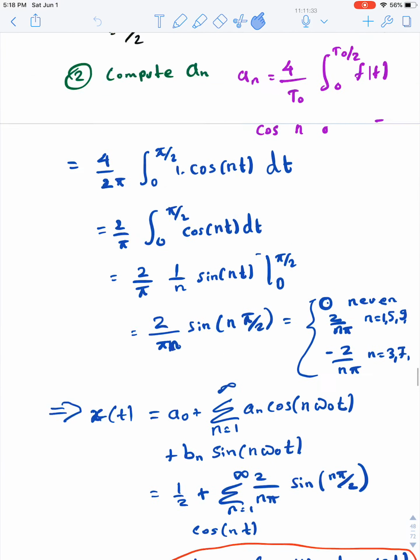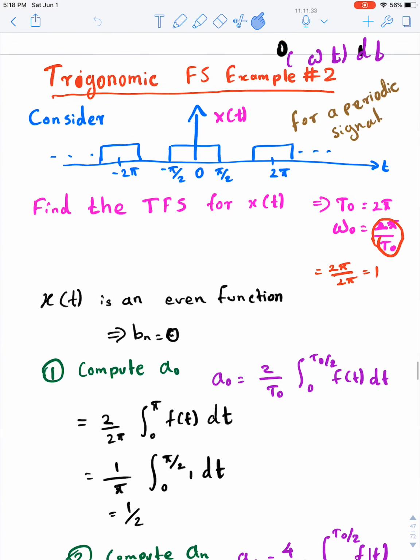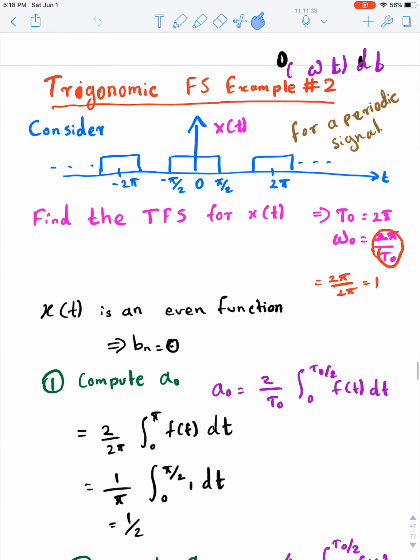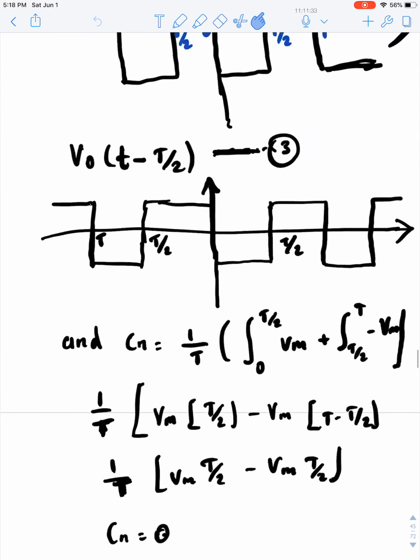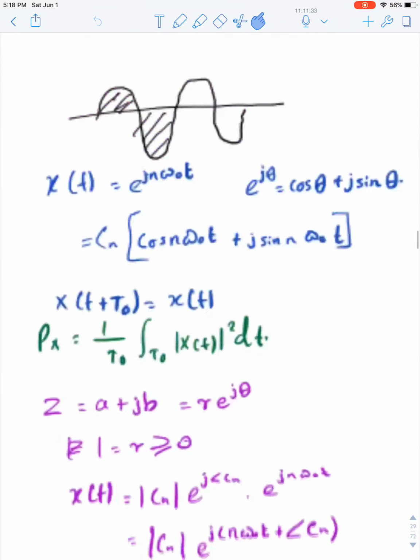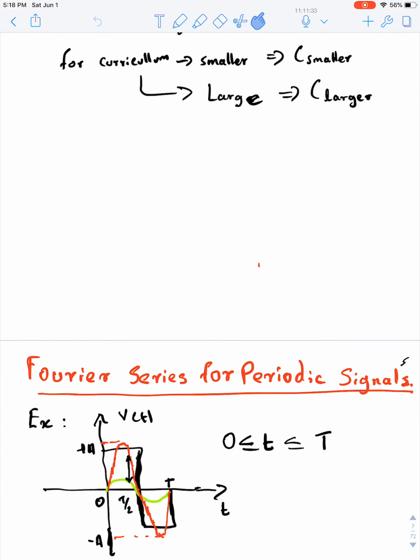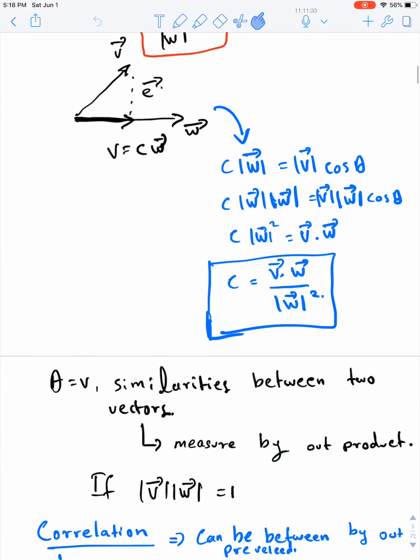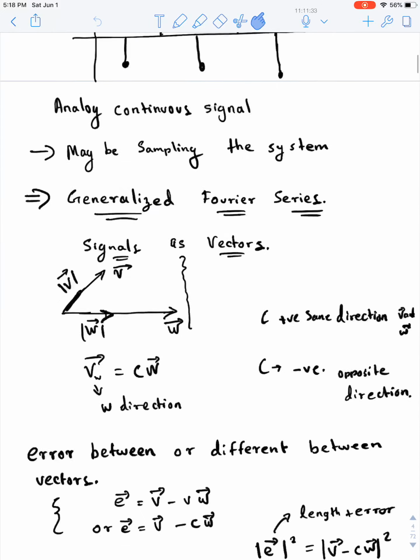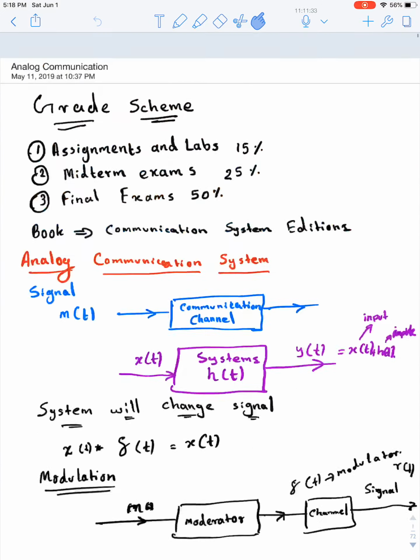We just picked the pattern. Okay, trigonometric Fourier series. Okay, let me see. Fourier transform theorems and pairs. That's the title, right? Yeah, I think so. We have to do this. P is equal to this. E is equal to this. P is equal to this.